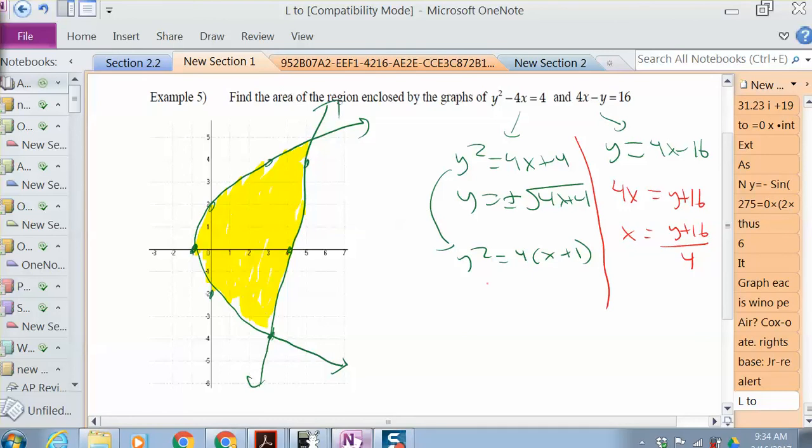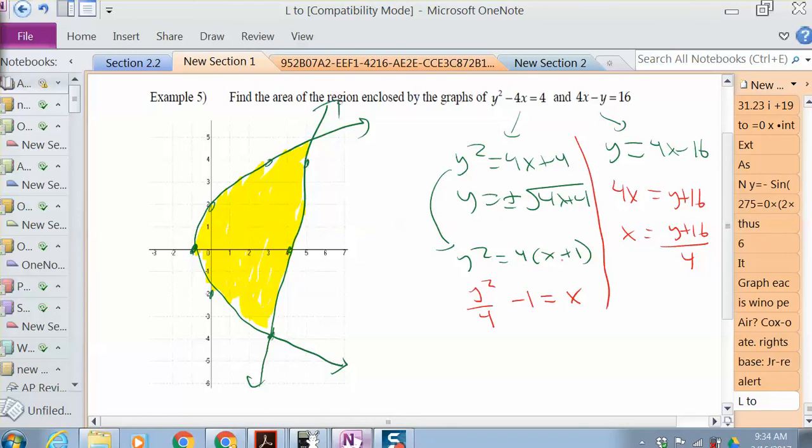And here, it actually will be y squared over 4 minus 1 equals x. I divide by 4 and subtract 1 if I want to isolate x.